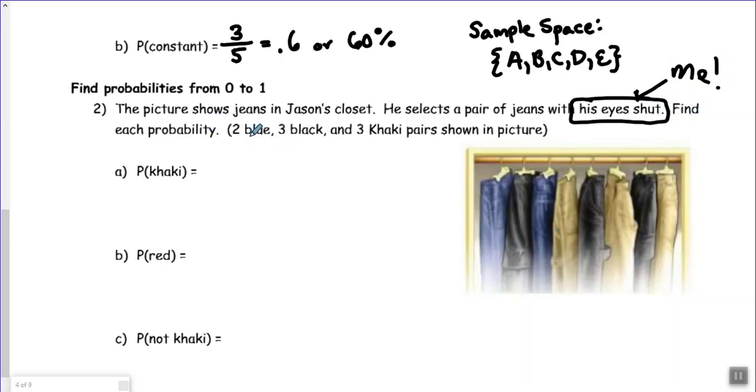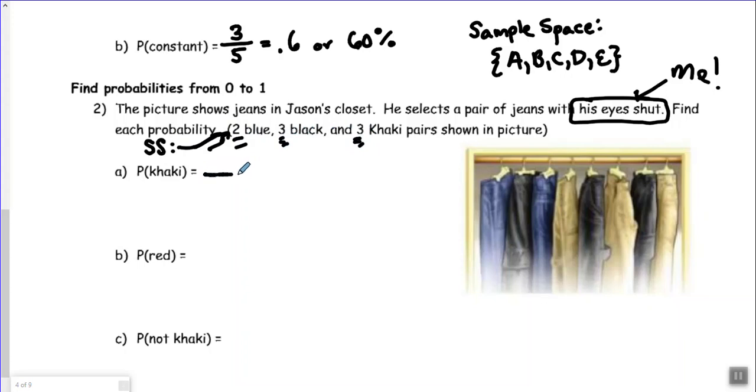It says that we have 2 blue, 3 black, and 3 khaki pairs as shown in the picture. So this actually helps us because they went ahead and told us our sample space is right there. Okay, so how many events are in our sample space? Well, 1, 2, 3, 4, 5, 6, 7, 8.